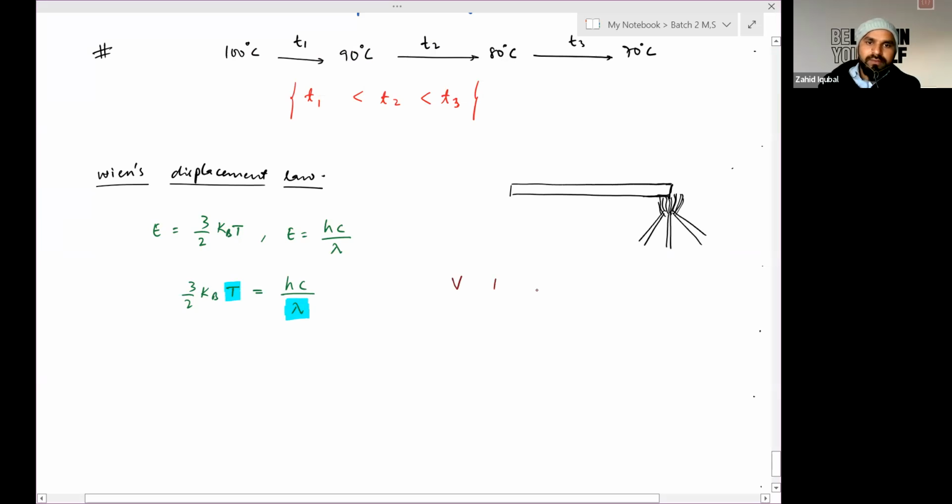In the visible region, violet, indigo, blue, green, yellow, orange, and red, which radiation will have the longest wavelength and which the shortest?